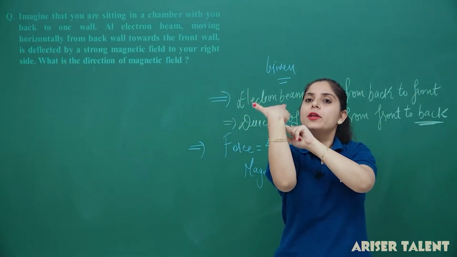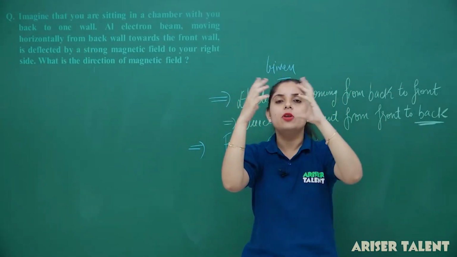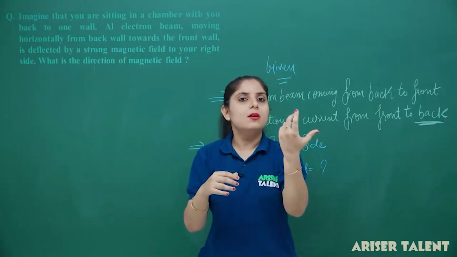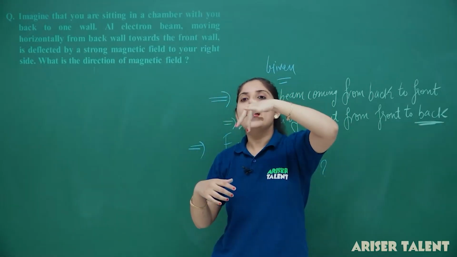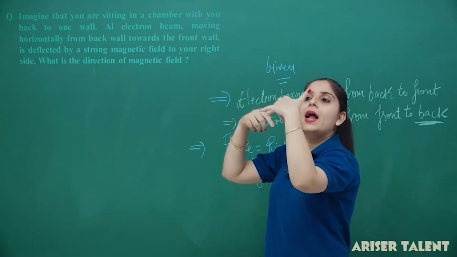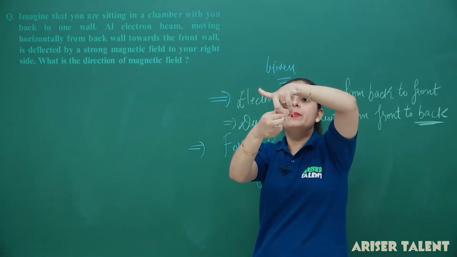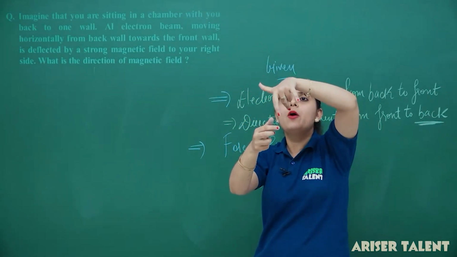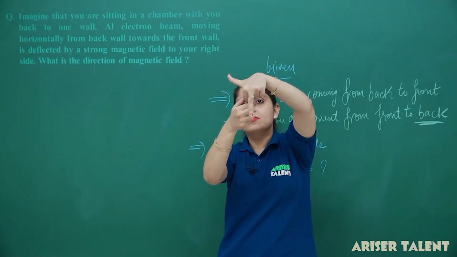If I orient my fingers in such a way, it will be a bit difficult, so you can analyze or imagine and visualize it in your own fingers. So current is coming from front to back and the force is towards the right, and you have to analyze the direction of the magnetic field.